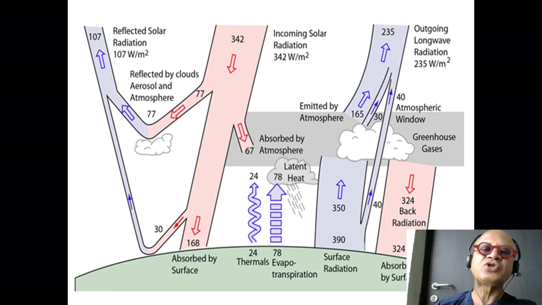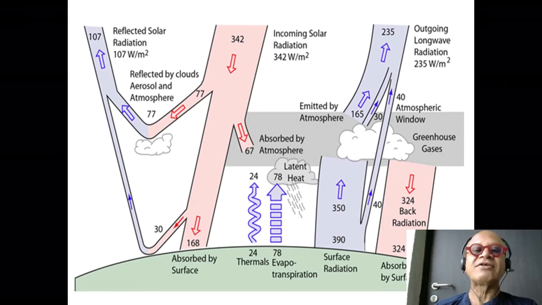We have 342 watts per meter squared of incoming solar radiation, which changes over time because of sunspots and, over very long time scales, because of orbital changes and so on. But ignoring all that right now, let's say we have 342. And you can see that 77 of that is bounced back from various things in the atmosphere, like clouds.